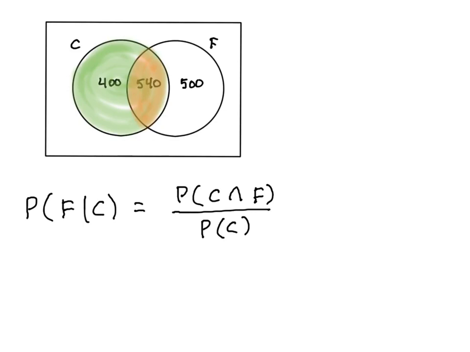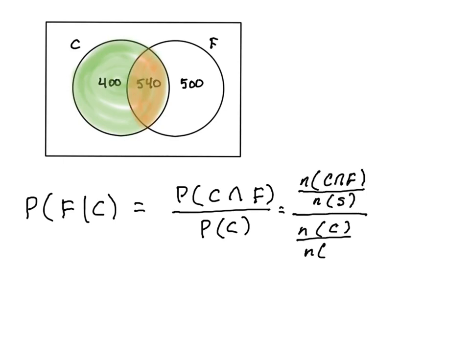If you look at this from a subspace standpoint, your population is all the children, which is 400 plus 540, and then you divide that into what's in the intersection.